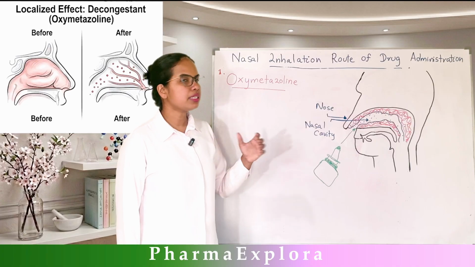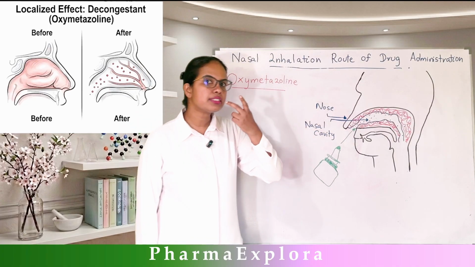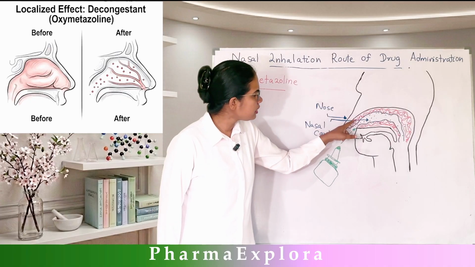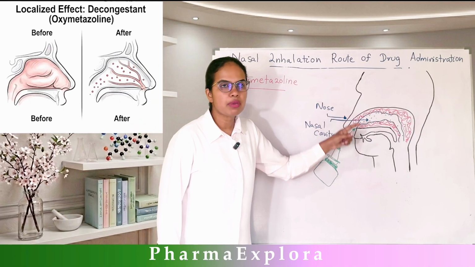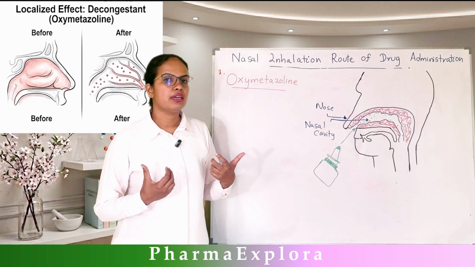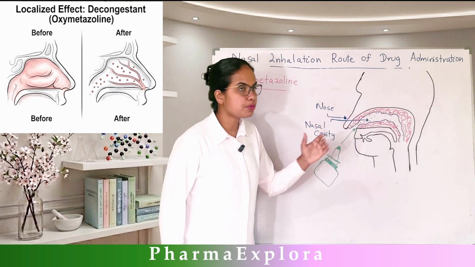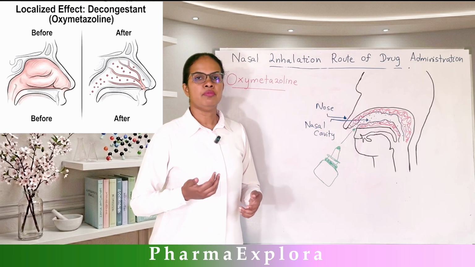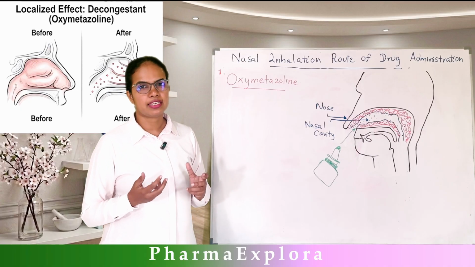So what happens in a stuffed up nose is, you can see within the nasal cavity, these blood vessels have swollen. Due to the swollen blood vessels, the space within the nasal cavity is narrowed. Because of this narrow space in the nasal cavity, you cannot breathe easily.